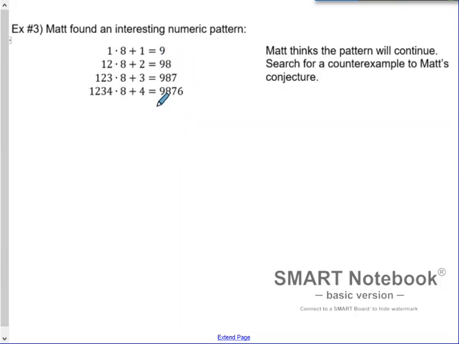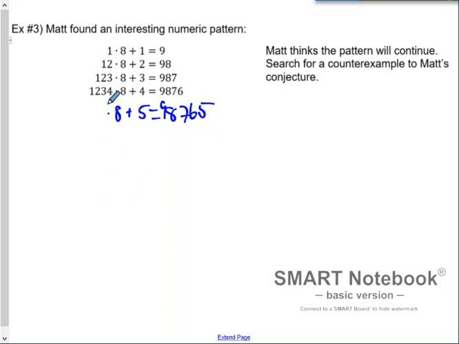So we can guess that based on this pattern that I'm seeing over on the right side, I would have a 9 on my next one, an 8, a 7, a 6, and then probably a 5, right? Okay, and then this number here that I'm adding onto this product is increasing by 1 every time. So I assume that this will be 5. Okay, I'm multiplying by 8.